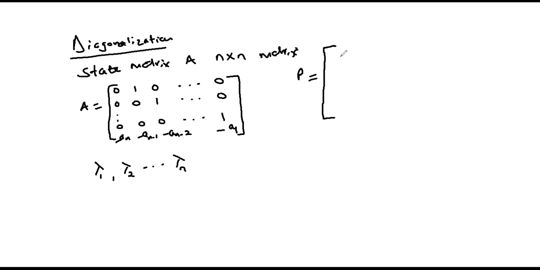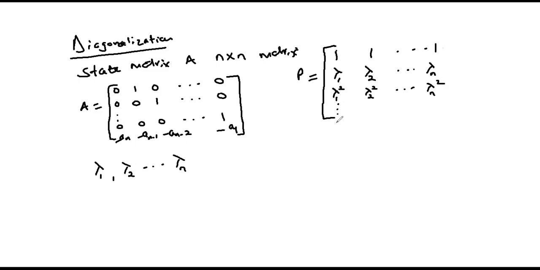The matrix P will be given by: the first row will be a row of ones, 1, 1, all the other terms being 1. The second row will be lambda 1, lambda 2, all the way to lambda n. The third row will be the squared terms, lambda 1 squared, lambda 2 squared, all the way to lambda n squared.